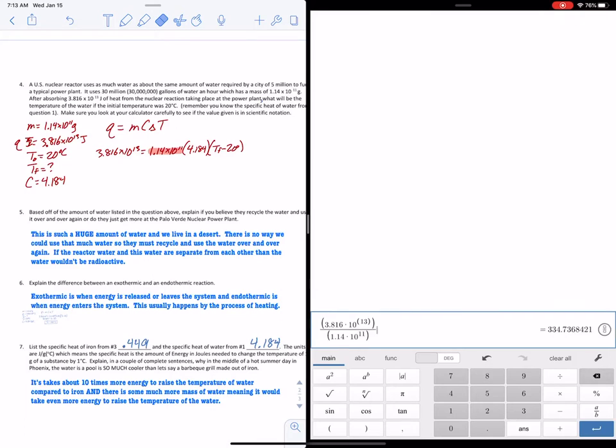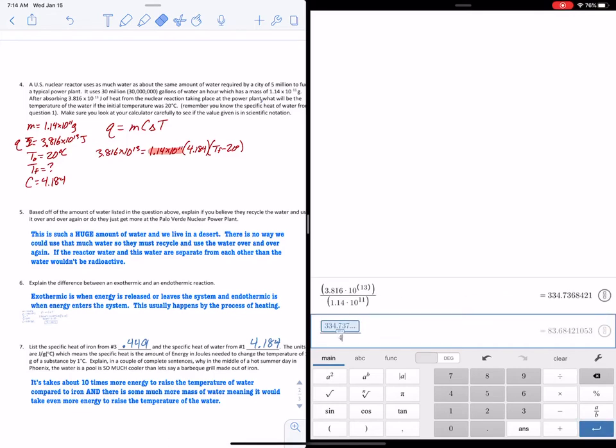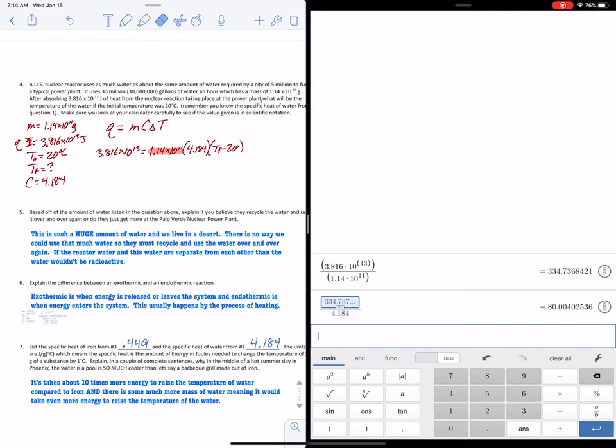So my answer divided by 4.184. So now I know that 80 equals TF minus 20. So I'm going to add 20 to both sides, and I get my TF equals 100 degrees Celsius.